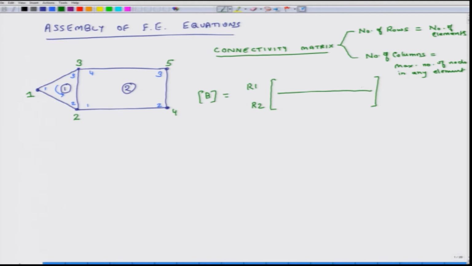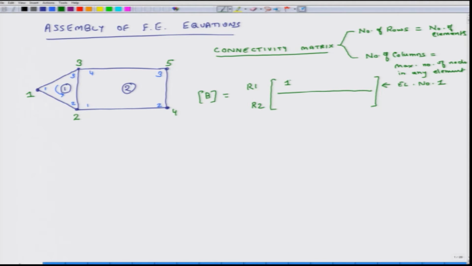Okay. So, the first row will correspond to element number 1. And what we will do is, we will write down the global node numbers of all the nodes of the triangular element. Okay. So, we look at the first local node number, which is 1, corresponding to that first local node number, global node number is 1.